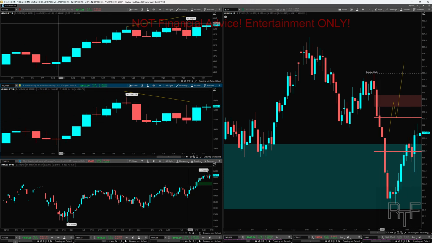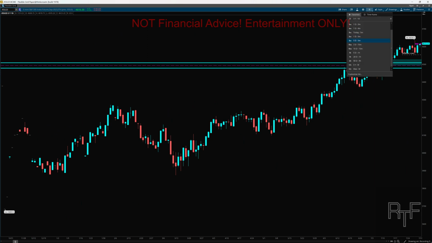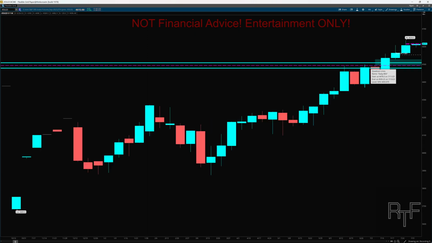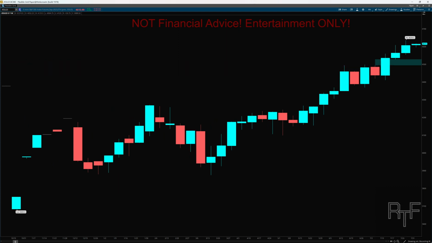Now let's go into E-mini S&P, and we'll start on the weekly chart. On the weekly chart, we see that it's pretty much been bullish ever since the September contract started trading. It's just been going up and up.